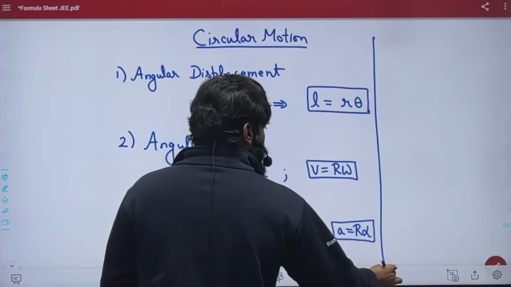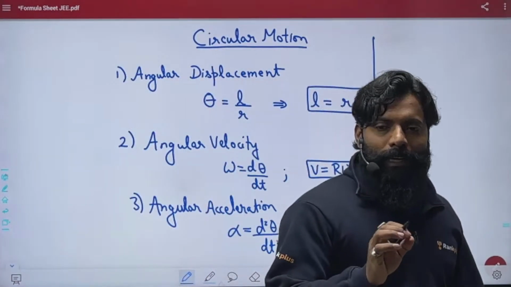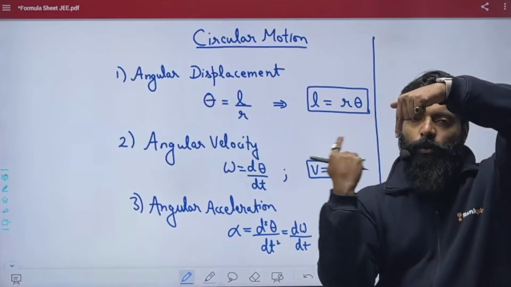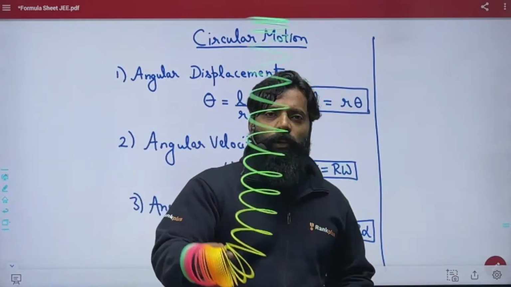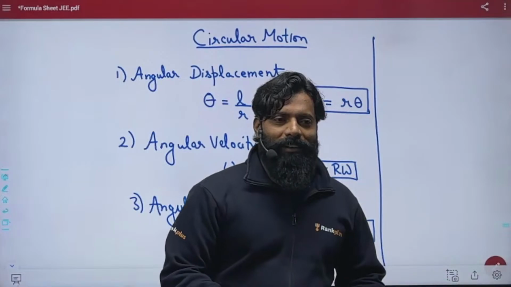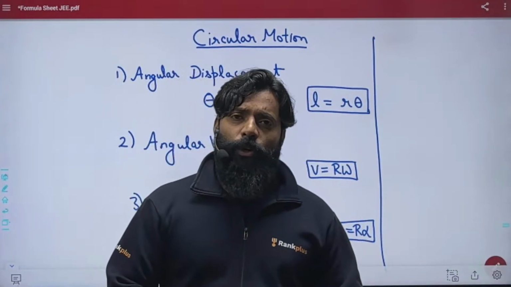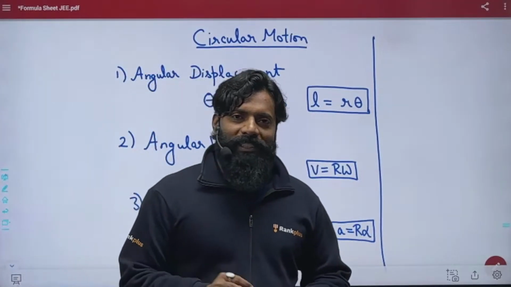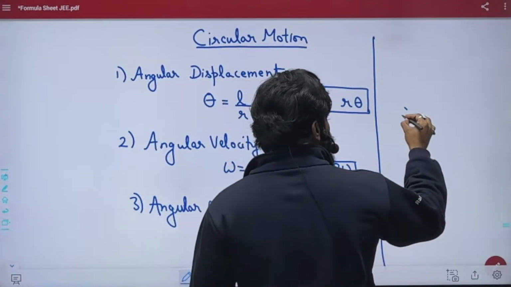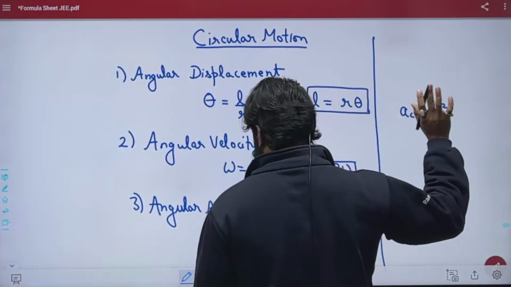Remember one thing: whenever you see that the object is moving in a circular way, be it horizontal circular motion or vertical circular motion, close your eyes and apply the centripetal force. So centripetal acceleration is V square by R. This is very, very important.